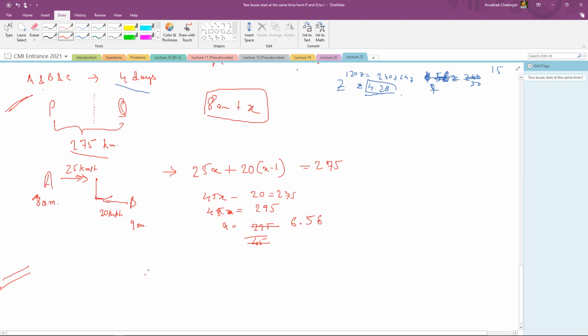So the time they meet is at 2, and 0.56 of an hour is 56 by 100 times 60, which is about 33.